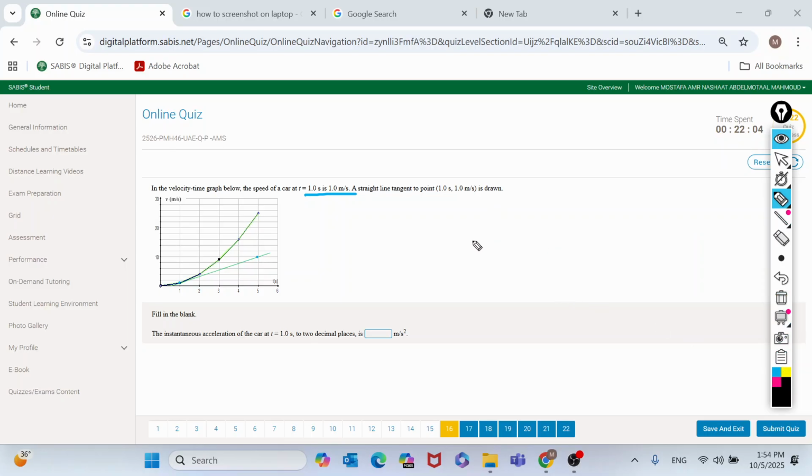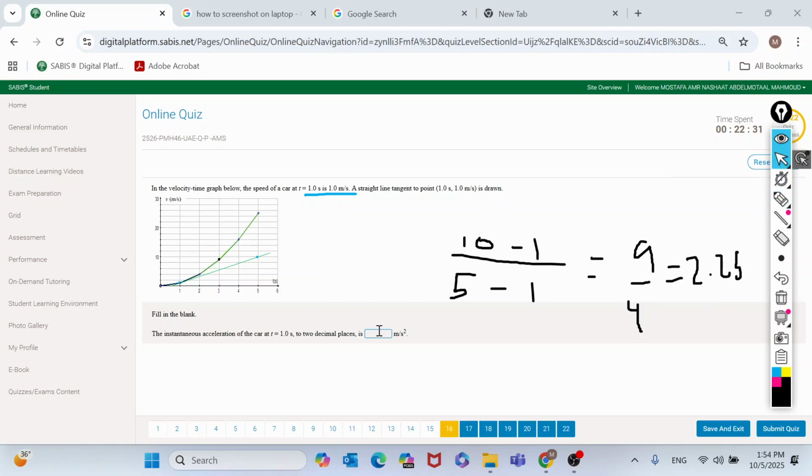So v final is 10 minus v initial is 1, over t final is 5 and t initial is 1. So it's going to be 9 over 4. If you put that on the calculator, you get 2.25, and they wanted two decimal places, so it's 2.25.